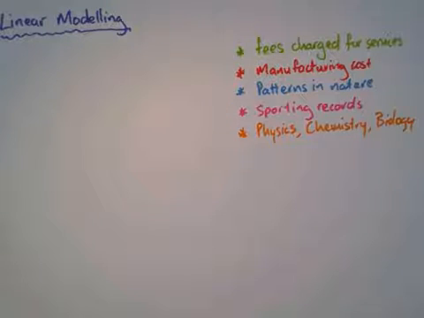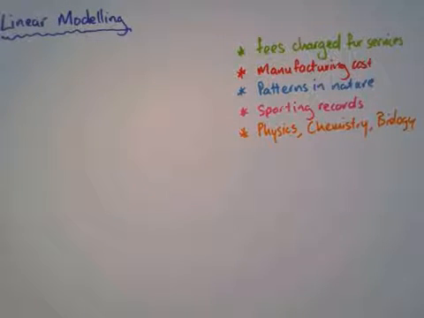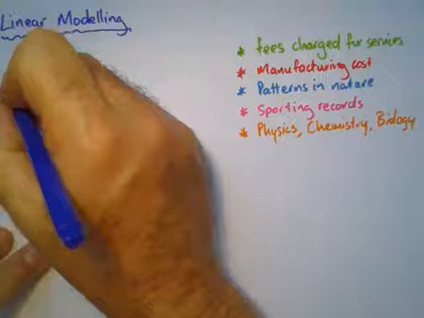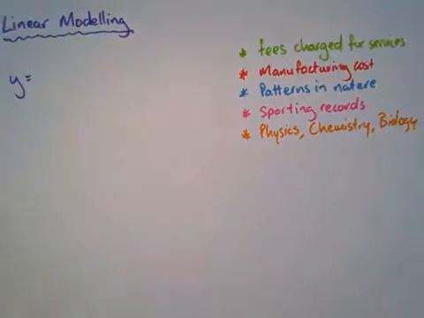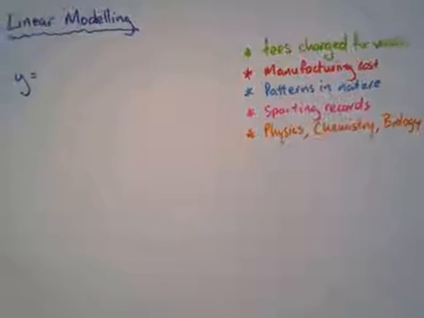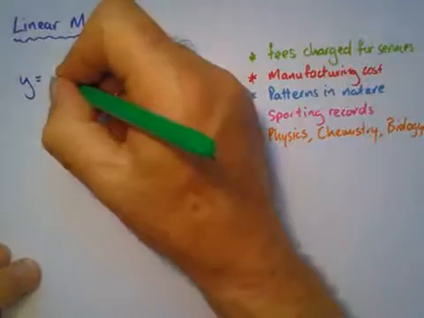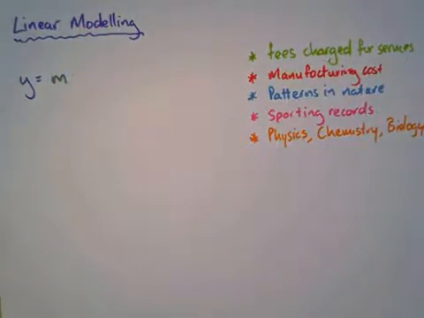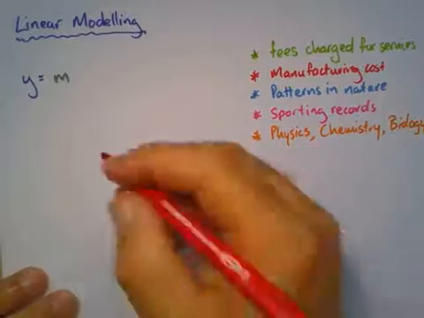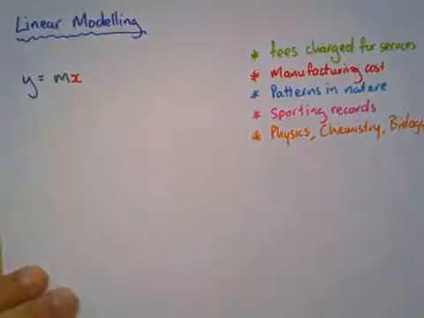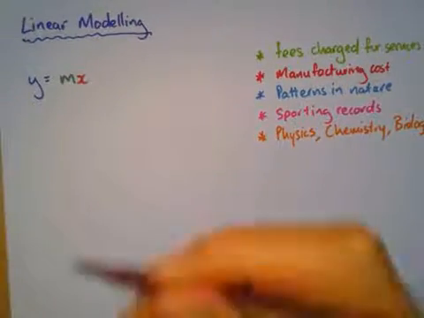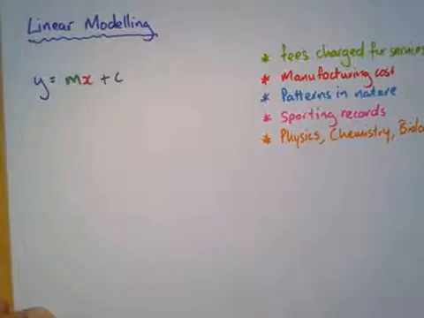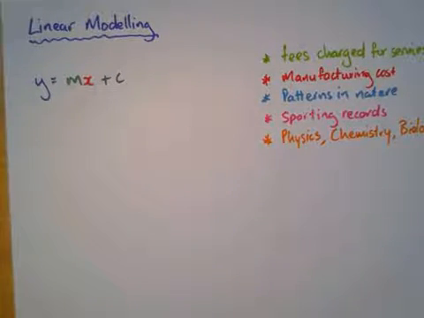Now, we say it's linear. In other words, we can use this, saying y equals, and then we're going to use our linear equation mx plus c. So that's a straight line. Okay, and remember what a straight line is.